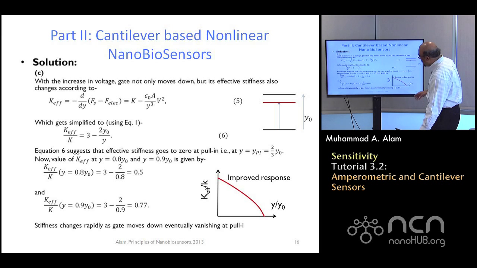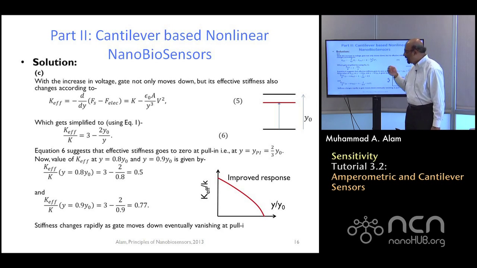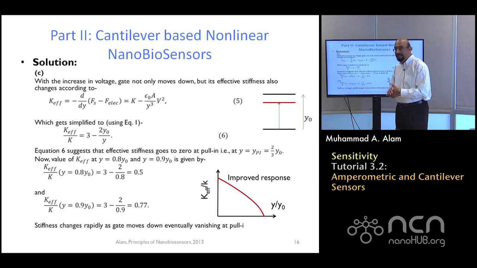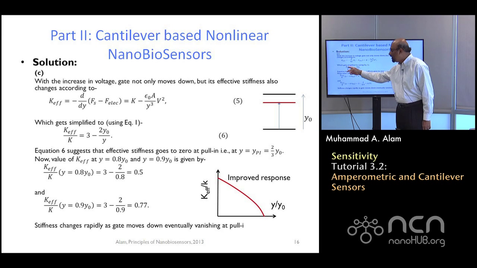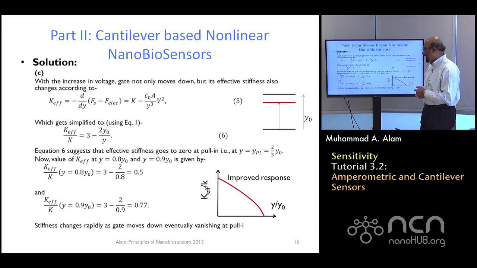Now, one thing about this curve that I wanted to say, that the spring, remember this weakening of the spring is the key thing that we are trying to explore in this homework. And the final formula is the effective spring constant goes as 3 minus 2 y naught over y. The whole thing is multiplied by the k.